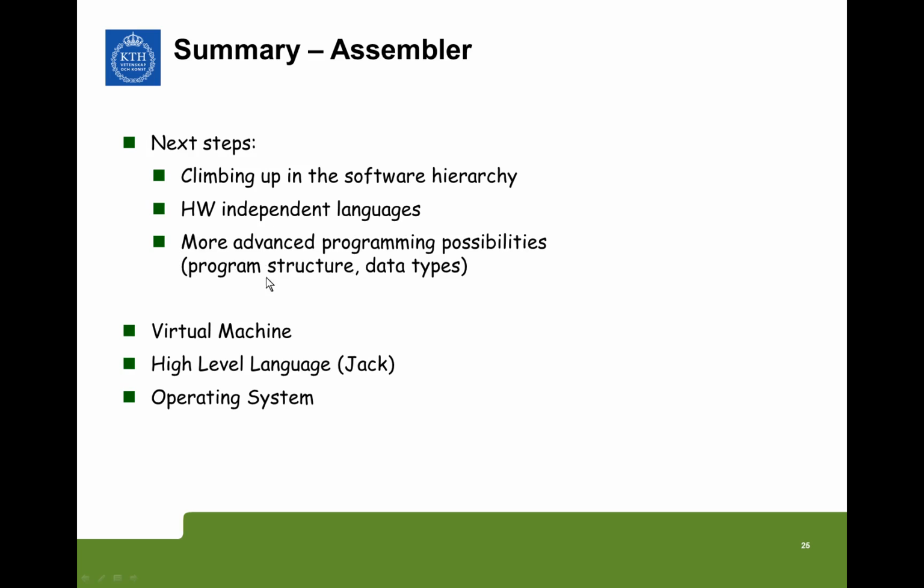Actually, we will reach object-oriented languages, introduce complex data types, etc. Specifically, first we will talk about the virtual machine and then define a high-level language which we'll call Jack. Of course, we implement the compiler from virtual machine to assembly and from Jack to virtual machine. Then finally we will define our operating system.